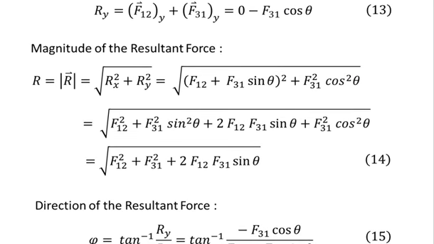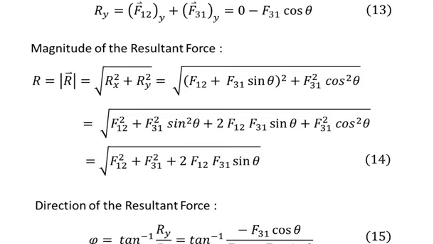Now the magnitude of the resultant of the two forces is represented by the mod of the R vector, which is equal to the square root of Rx squared plus Ry squared.